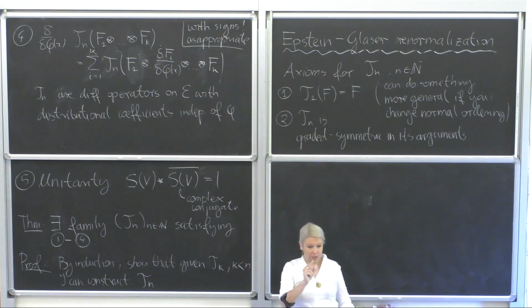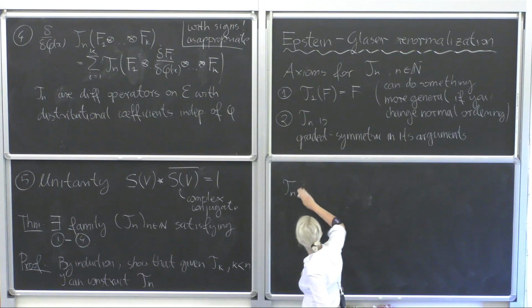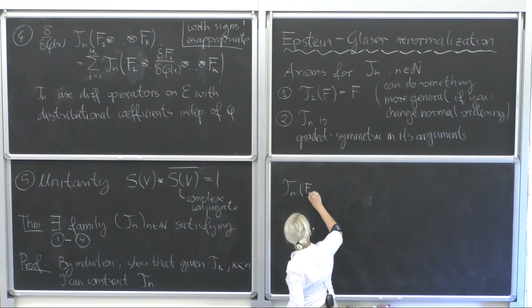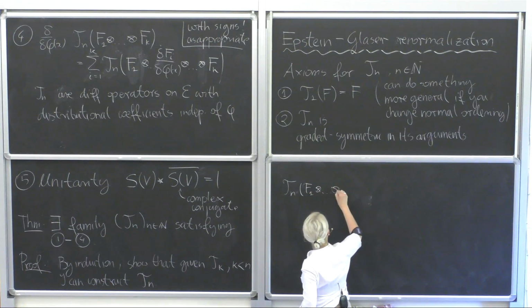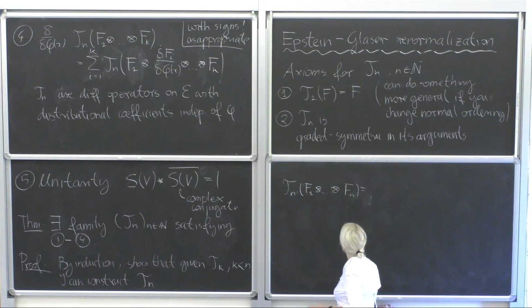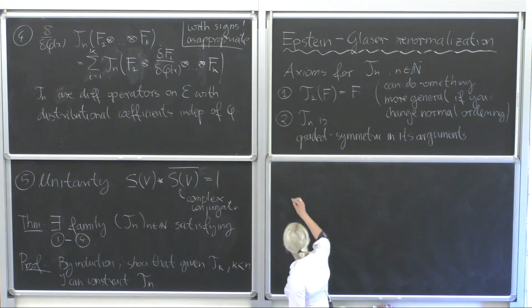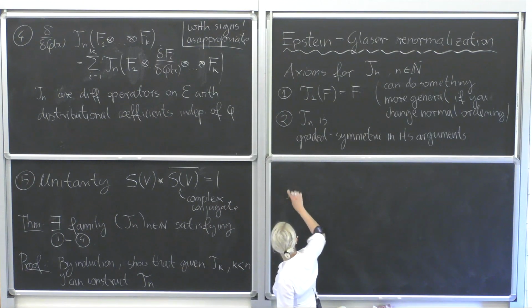So one observation I want to make is that T_n can actually be written in this form. Actually, no, sorry. Let me do it in the sort of more straightforward way.